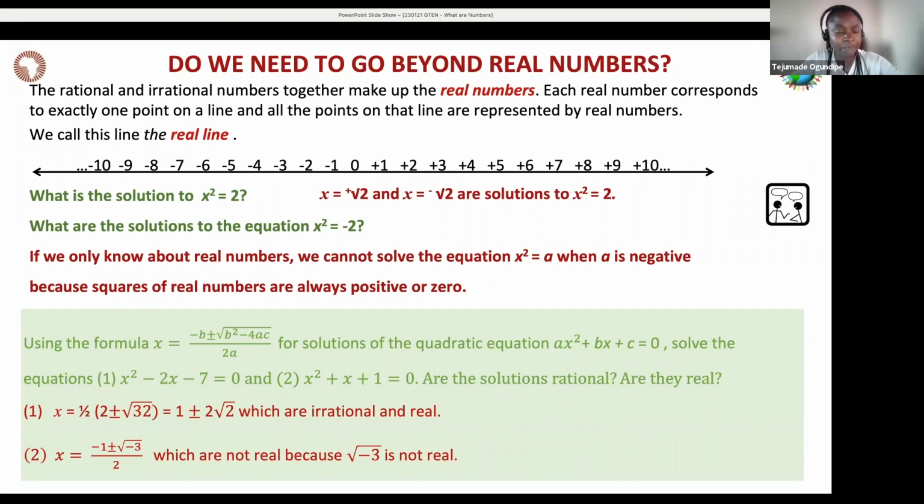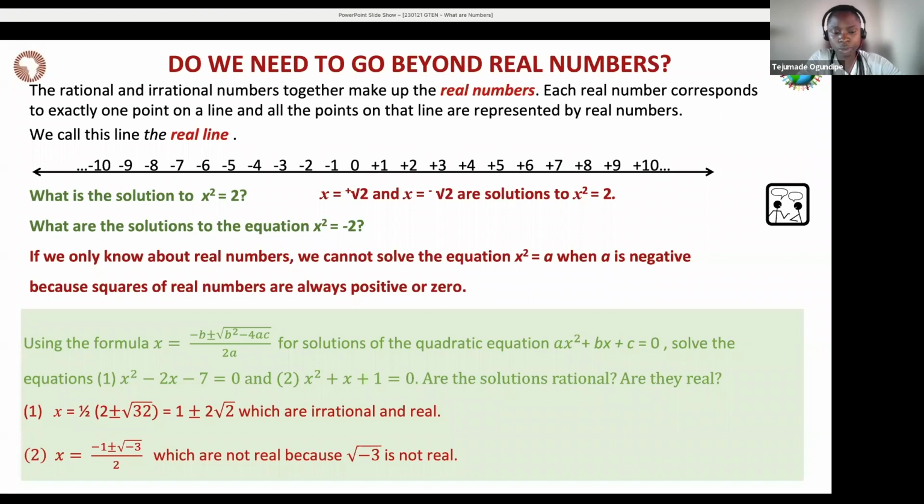Thank you, Tony. So we have x equals 1 over 2a, which is 1 over 2, times 2 plus or minus root 32. And that gives 1 plus or minus 2 root 2, which are irrational and real.